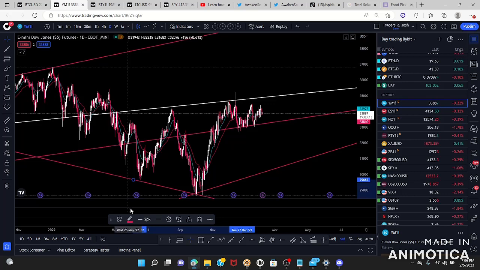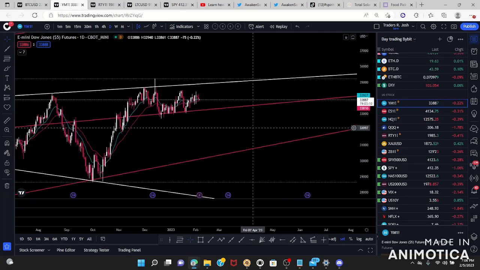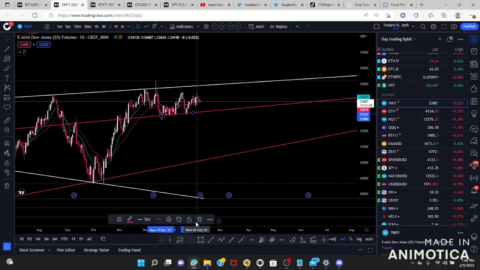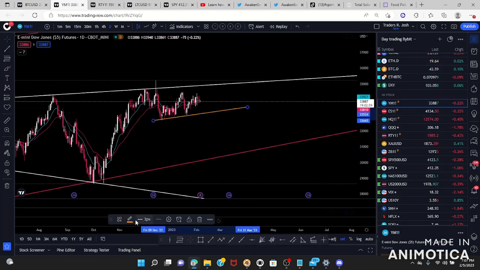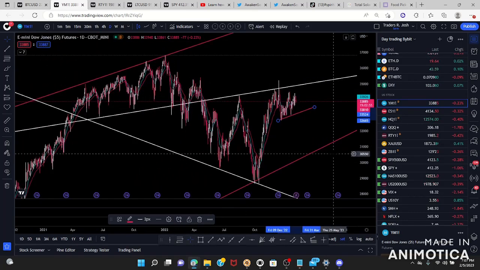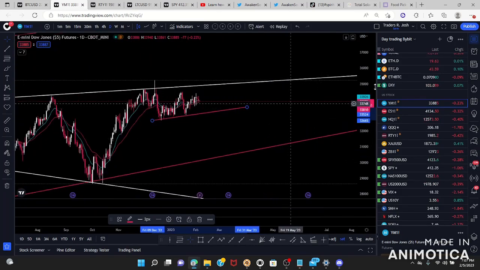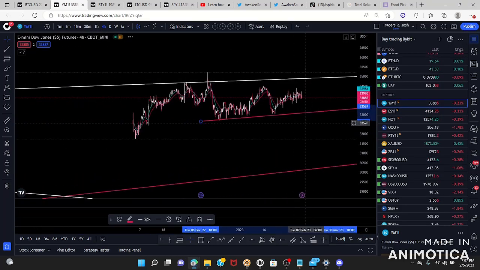This is what I see. Huge megaphone, holding support here. I'm actually going to use just a regular line so I don't get confused and you can visualize it a little bit better. Beautiful. So within this price action, let's zoom in to the 4-hour.